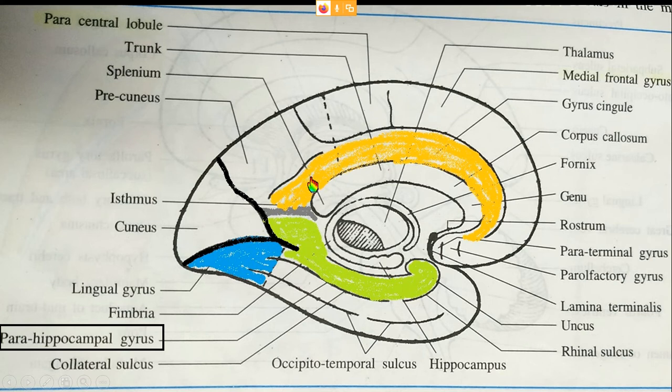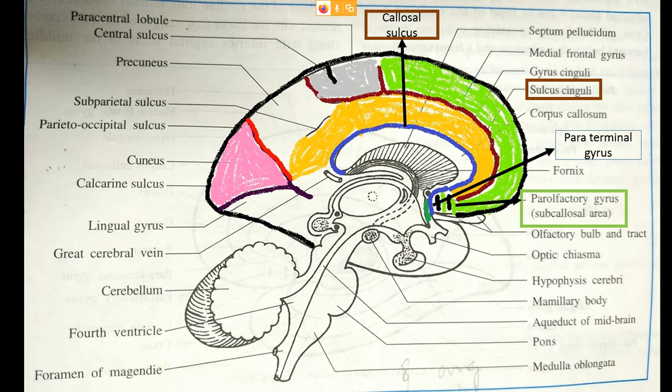This cingulate gyrus extends posteriorly and continues as the parahippocampal gyrus. Here you can see the gray matter, the narrow band of cortex. This part is called the isthmus. So those are the structures we have seen.